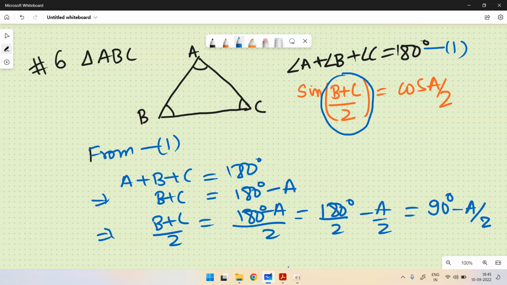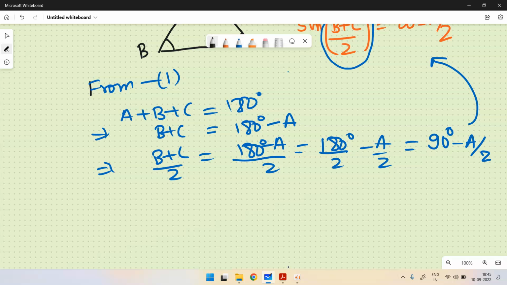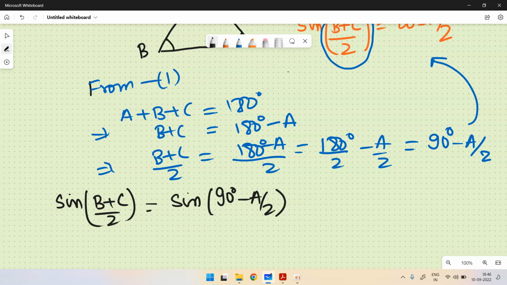Now we substitute this value in the expression. On the LHS, sine of (b plus c) by 2 is nothing but sine of 90 degrees minus a by 2. And you know that sine of 90 minus theta is cos theta.